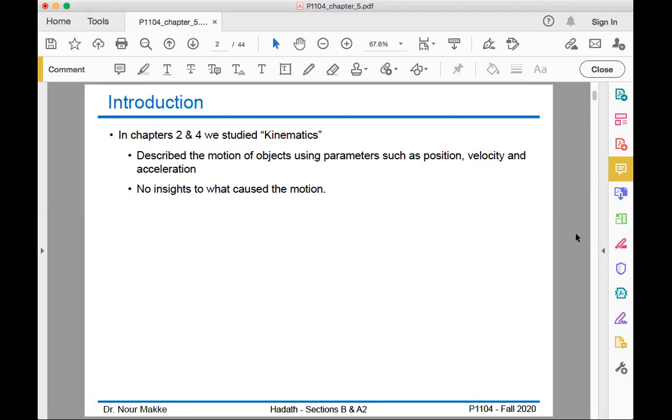We also have seen that an object could be moving under constant velocity, and we have seen the kinematic equation corresponding to this case.